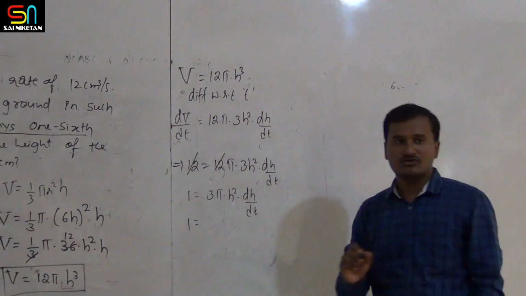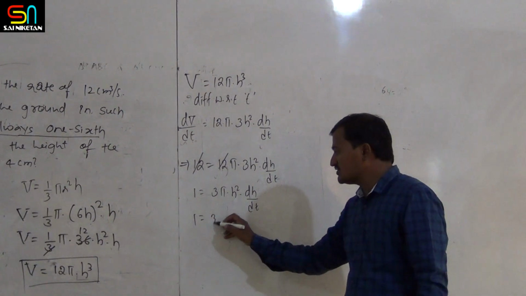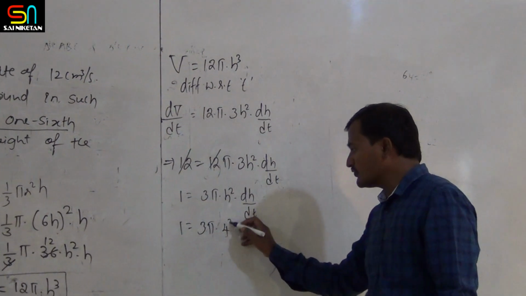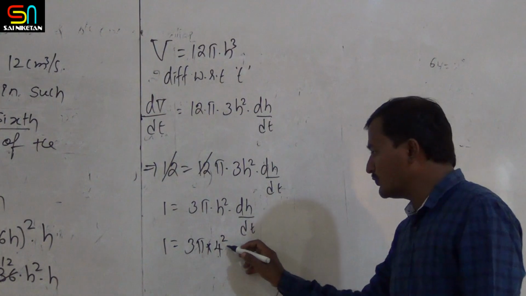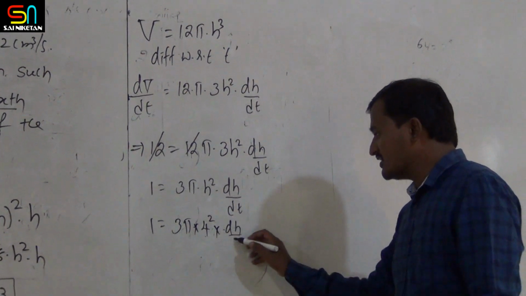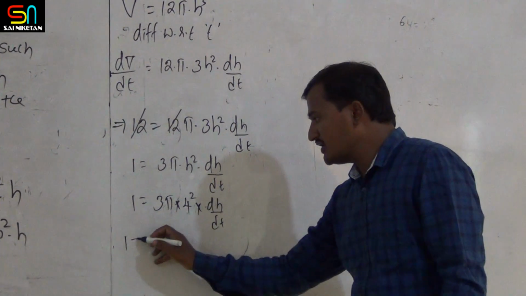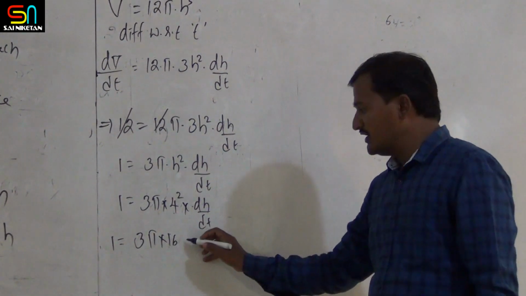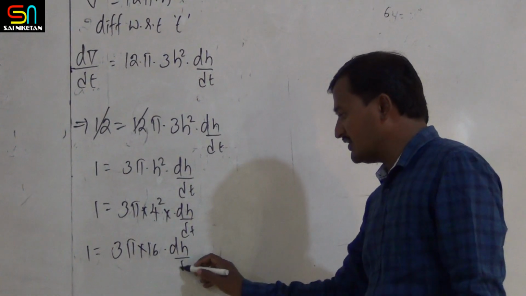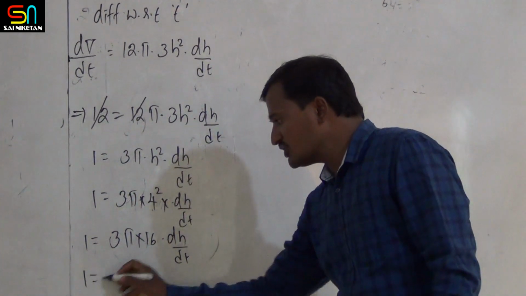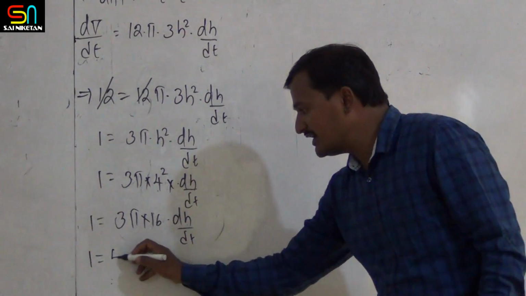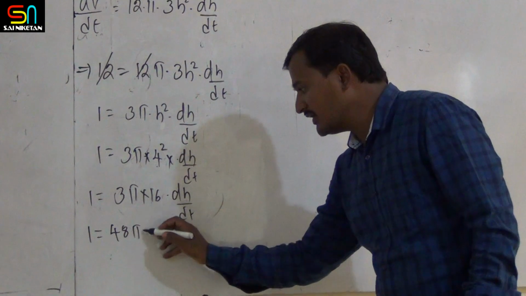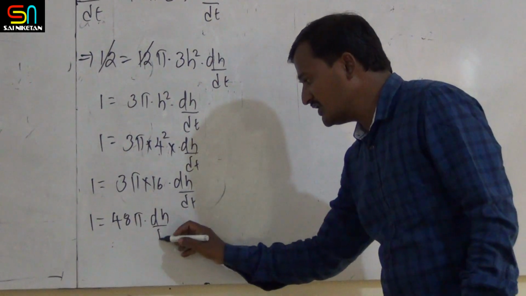I will just substitute the value of h. So here it is 3 pi into 4 squared into dh divided by dt. So 1 is equal to 3 pi, 4 squared means here it is 16 into dh by dt. Or 1 is equal to 3 into 16, which is 48 pi into dh by dt.